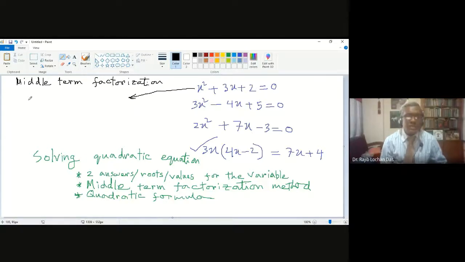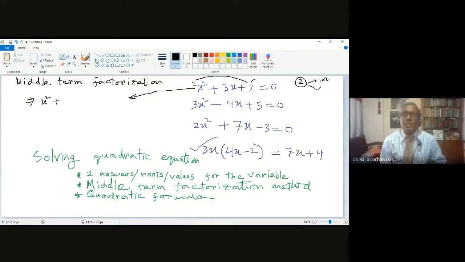You will write in the next line, x square, then the middle term will be separated into two parts. In this case x square is 1, and then this 2, so 1 and 2 multiplied together is 2 into 1, that means 2. So now this 2 can be written in different ways. What are the different ways? Maybe 1 and 2 possible.